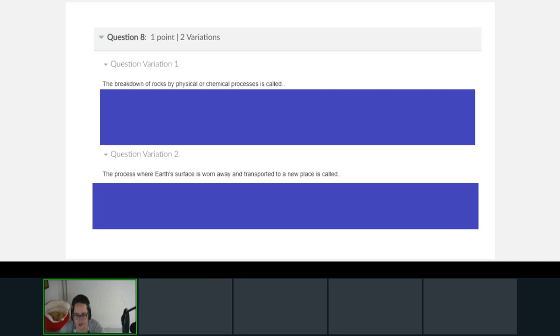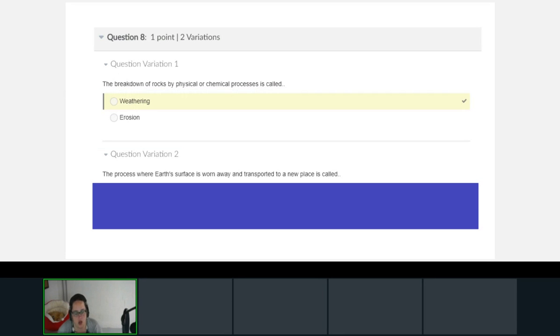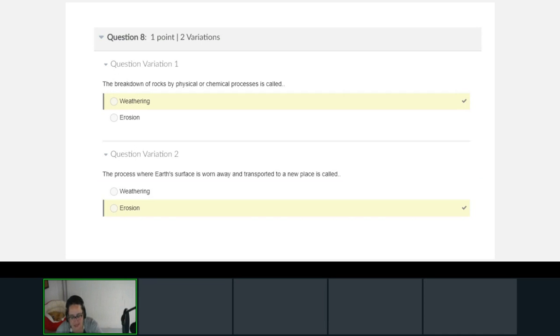So when it's physical or chemical processes and it's just talking about the breakdown, that is called weathering. Now, the process where Earth's surface is worn away and transported or moved to a new place is called erosion. The key being that it is moved or transported somewhere else to a new place. That's erosion.